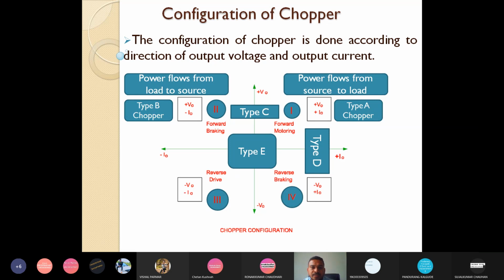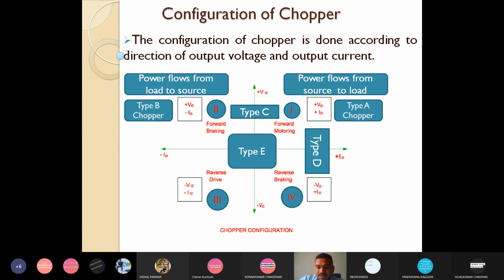Now next is the type E chopper. This type E chopper will operate in all the four quadrants. It operates in the first quadrant, the second quadrant, the third quadrant, and the fourth quadrant.